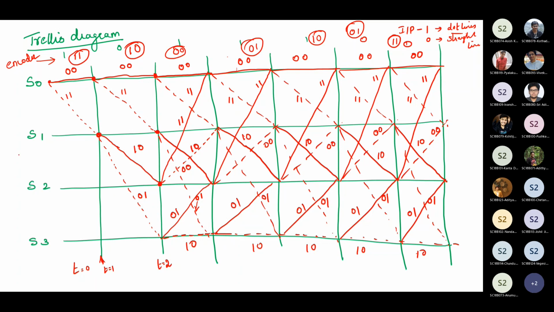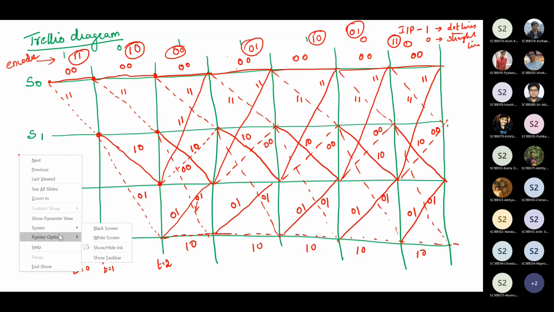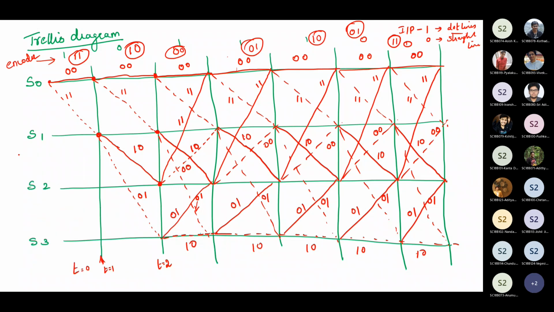So now I will take the corresponding output after entering the channel, the input to the decoder. The received code word will be, for example, 1 1 1 0. Here we will take the bit as 1 0. It means an error has occurred at this bit.